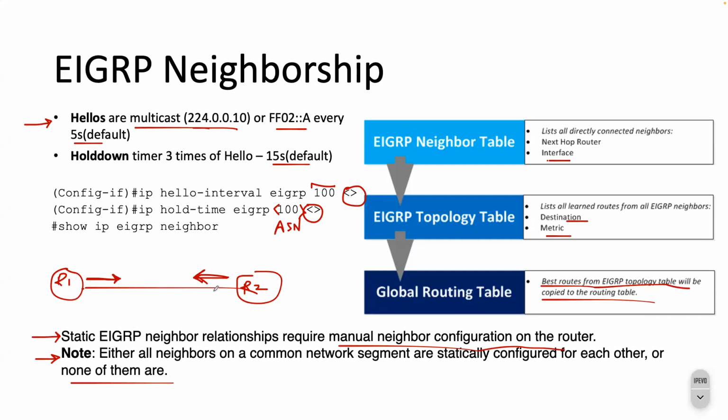So on both sides, I'll have to configure the neighbor statement. Because what's happening in the background is when we configure a neighbor statement on this interface or this R2, it will stop sending the hellos. Once it has stopped sending the hellos, the two-way communication of hellos being exchanged will not happen. That's why your EIGRP neighborship will not form.